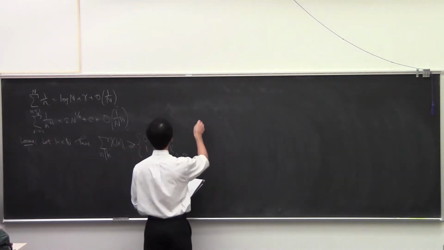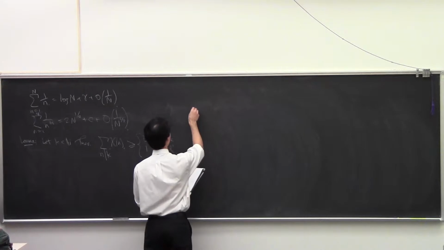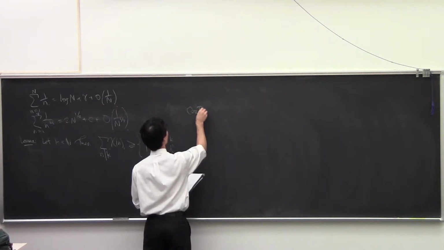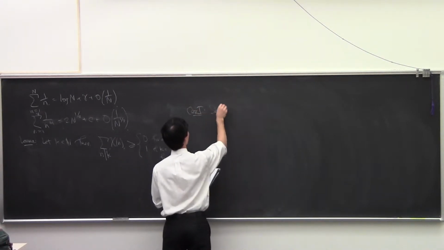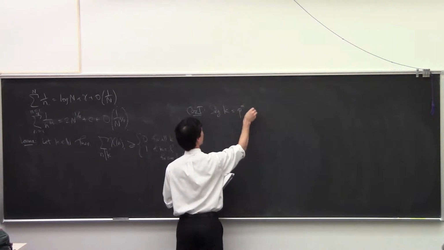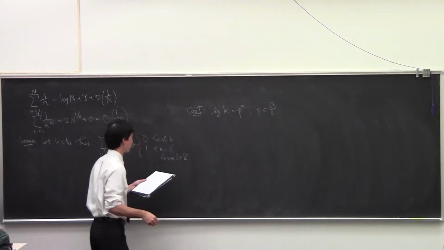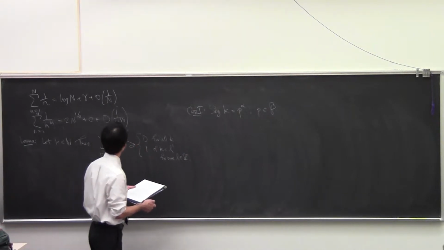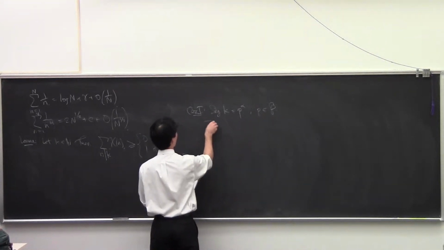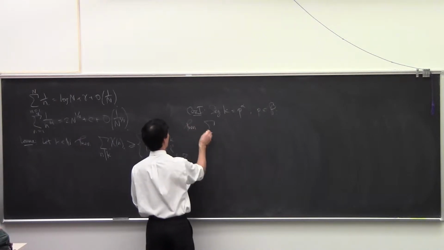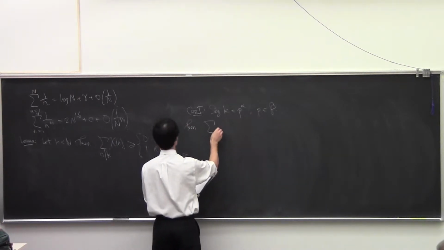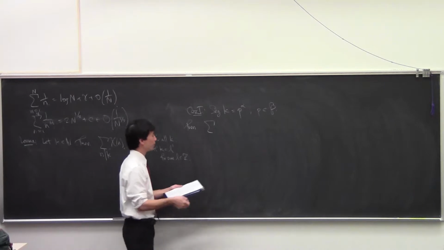Okay. So here's the proof. Case 1. Say that k is p to the alpha for some prime p. Well, in that case the divisors are just powers of p.